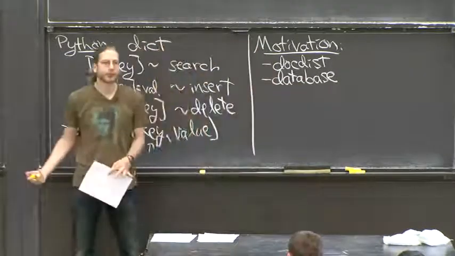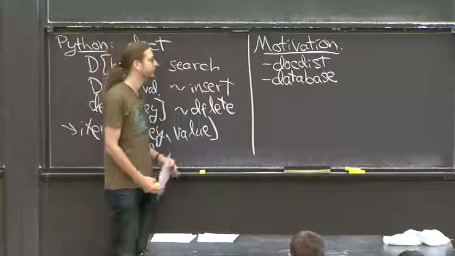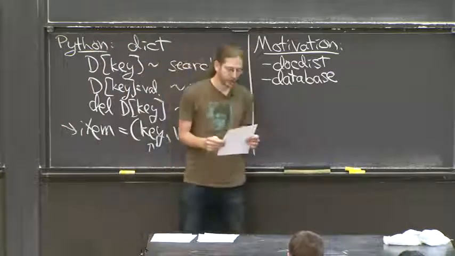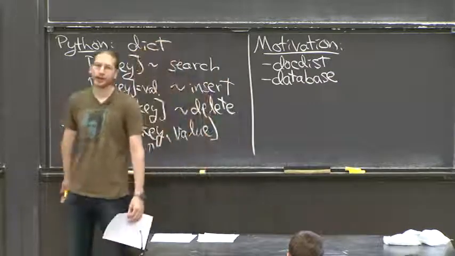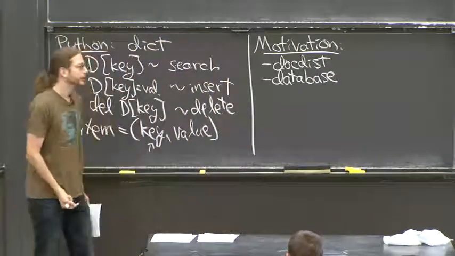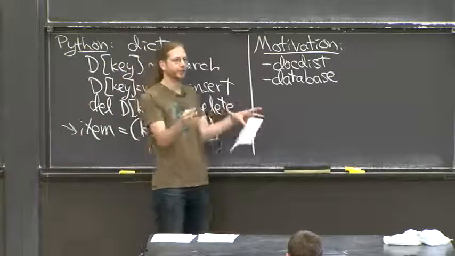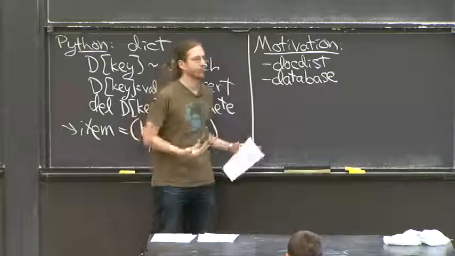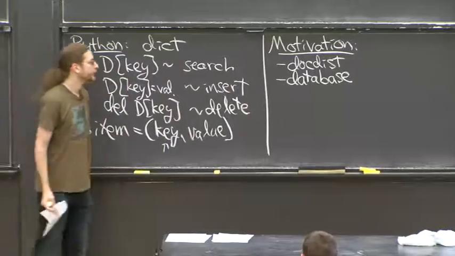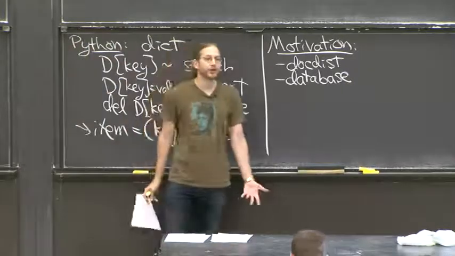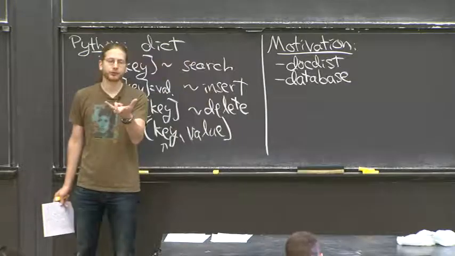If you've ever used Berkeley DB, there's a hash type of database. So things like when you go to Merriam-Webster and you look up a word, how do you find the definition of that word? You use a hash table. You use a dictionary, I should say. When you spell check your document, how do you tell whether a word is correctly spelled?